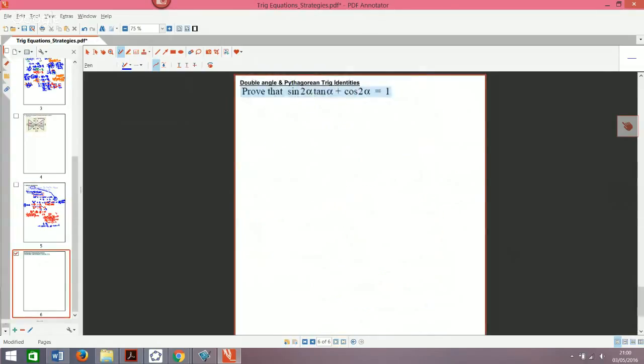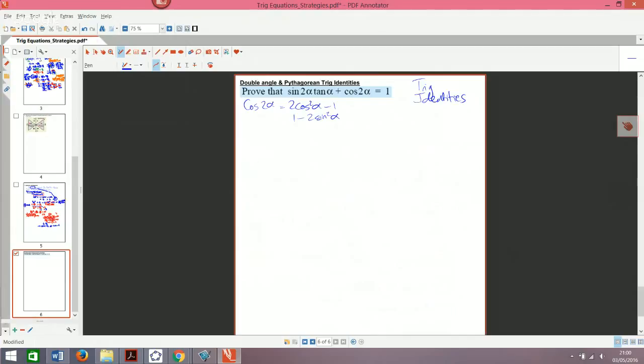Last one, trig identities. In your formula booklet, you've got these, so you don't have to memorize them. You just look them up, and we know that cos 2 alpha is actually, I've got a choice of 2 here. It could be 2 cos squared alpha minus 1, or 1 minus 2 sine squared alpha.